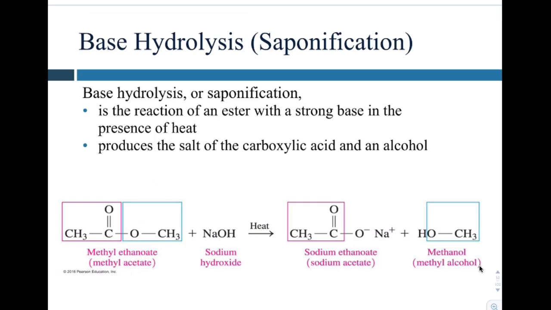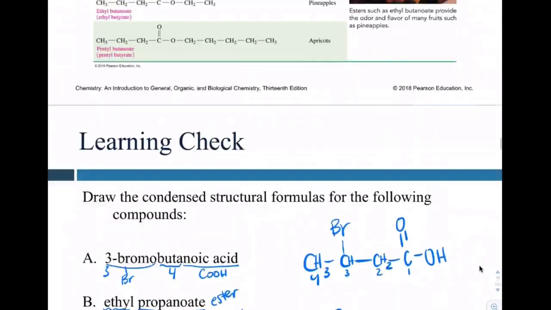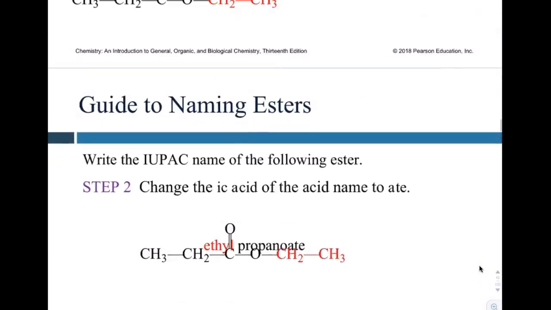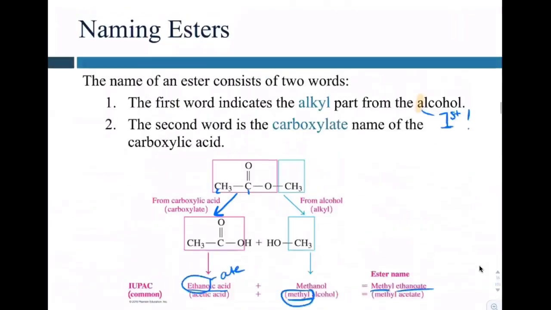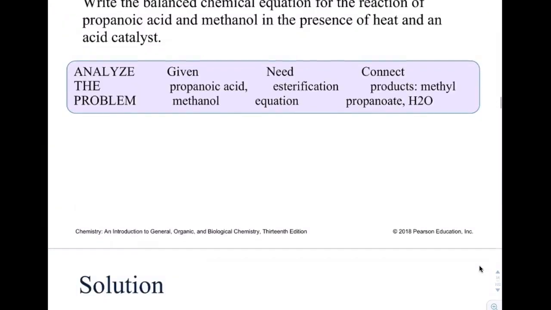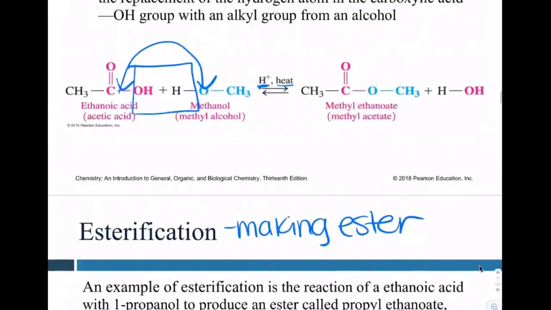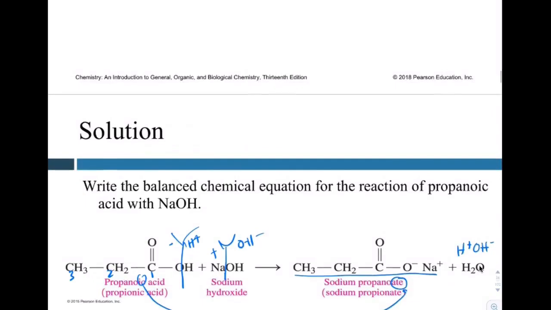And if we go back up to where we have our carboxylic acids reacting with bases, let's just look, so I can show you. Carboxylic acids reacting with a base. Here you go.